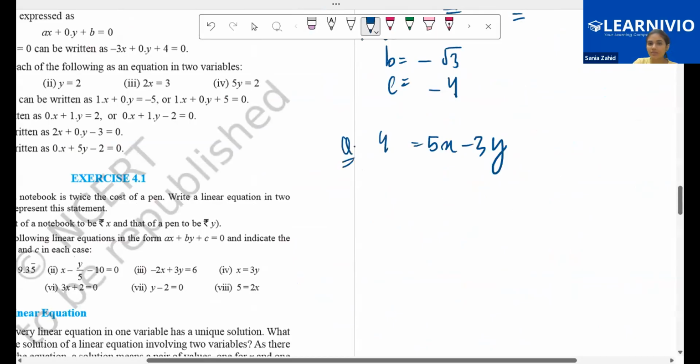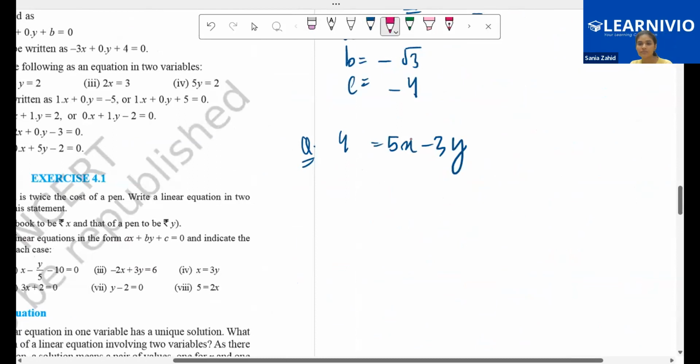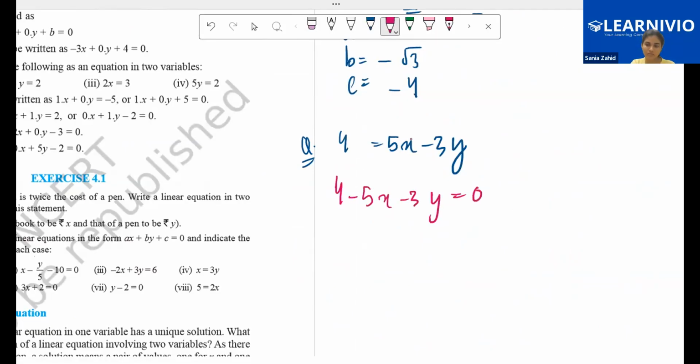Yes. Hafsa, tell us this one. Okay, so it will be 4 minus 5x minus 3y is equal to 0. And then A is 4, B is 5. Is that the general form till now? You think so?